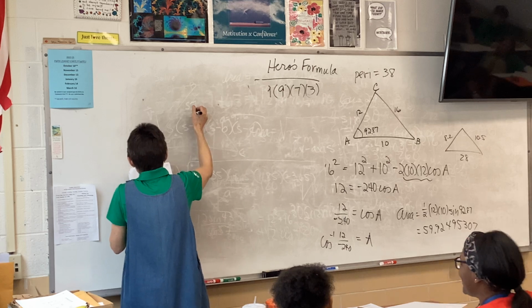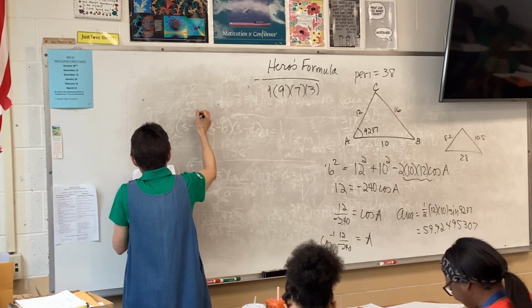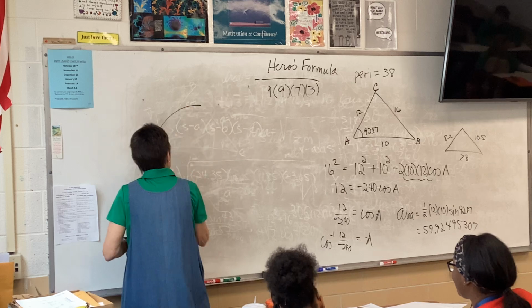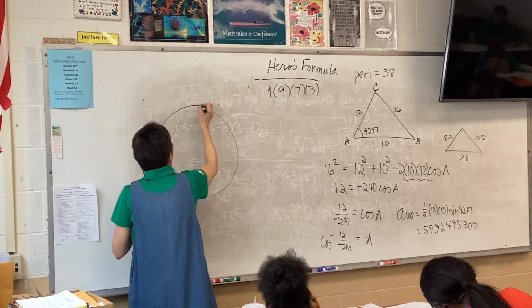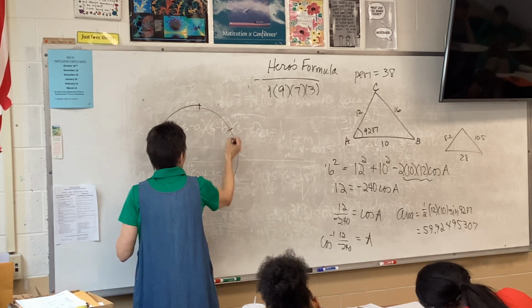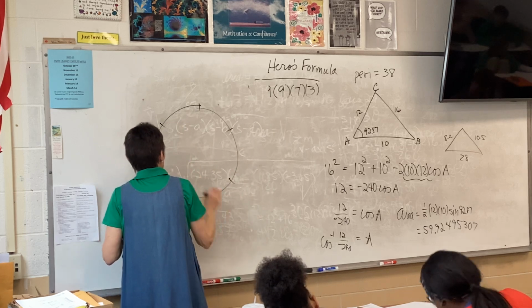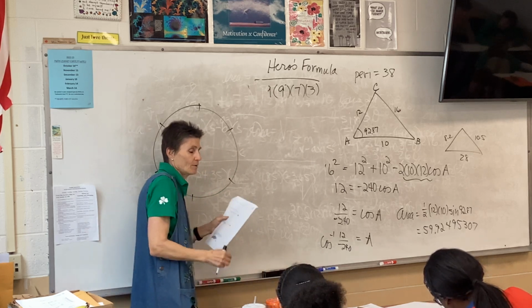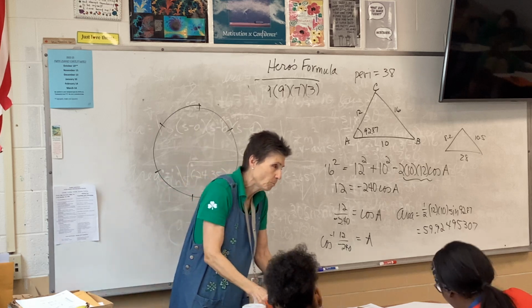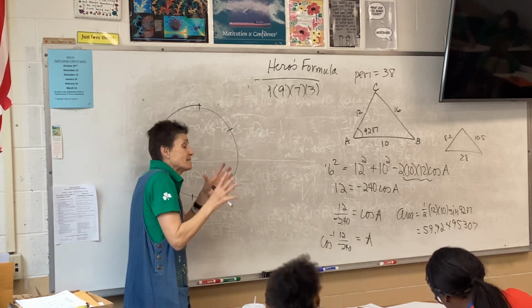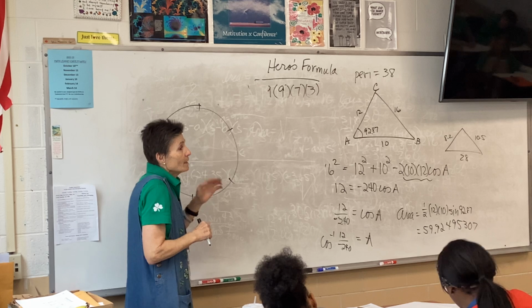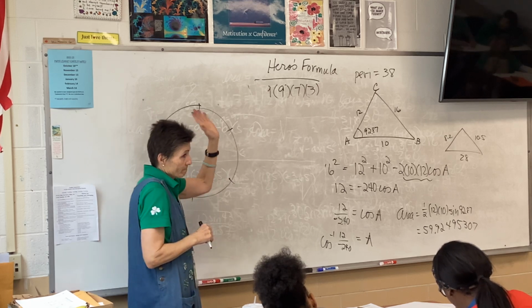Okay. Find the area of a regular hexagon inscribed in a circle. Oh, all right. So here's how I'm going to draw this. Remember, nobody's going to grade your picture, but it might help you with the problem if you have a reasonable picture. So, I have a circle.